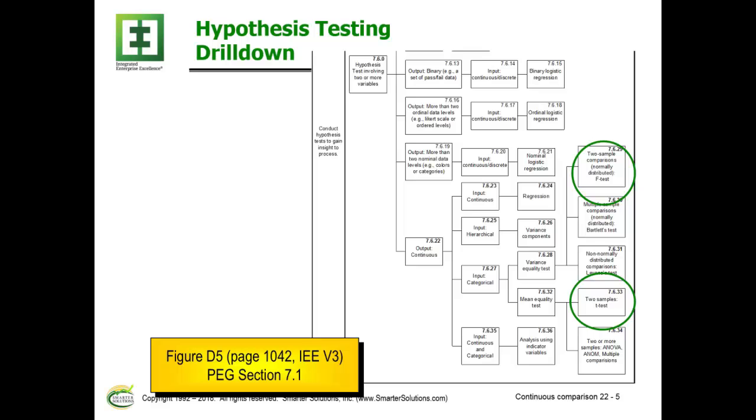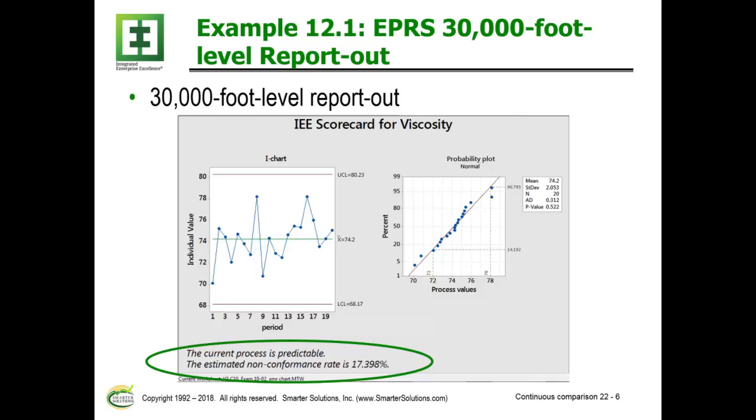Then we're looking at mean equality, 7.6.32, and we're going to focus on 7.6.33, a two-sample test. We can also go in the upper tree branch and see a two-sample comparison of an F test. Those are the focus areas for this particular session.